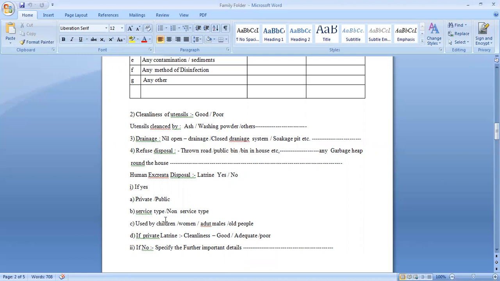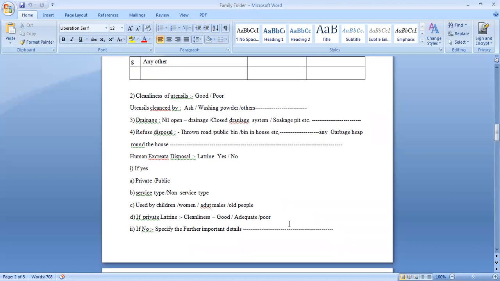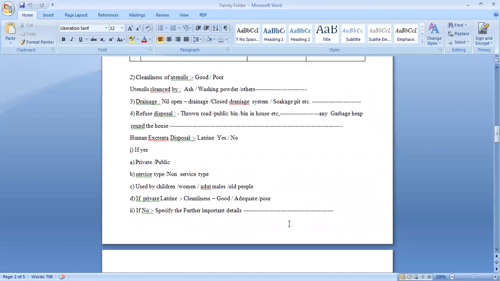They might have such a type of latrine, or there is the non-service type of latrine, that is the sanitary latrine, which is commonly used nowadays. Then the use by children, women, adult males, or old people: whether it is used by everybody, all the members.